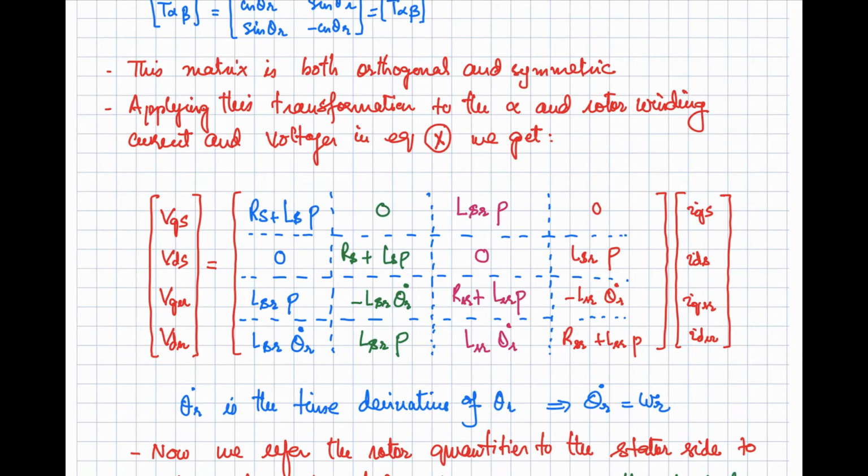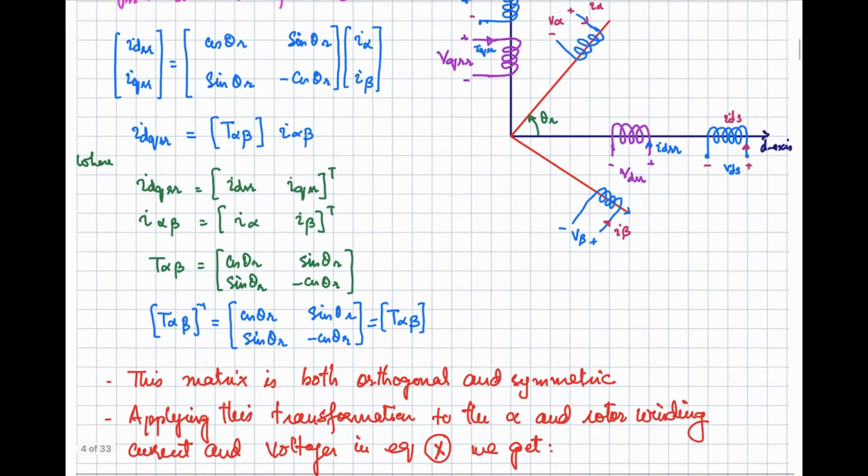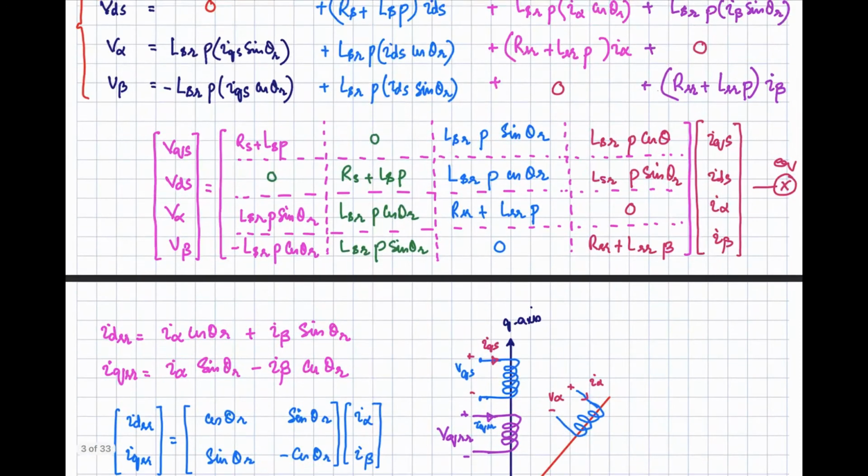And what about these terms? Just look at this one. These are going to become 0, and if you come over here, you can see these were 0 and now this has become 0. Why? This has become 0 because you have translated it.